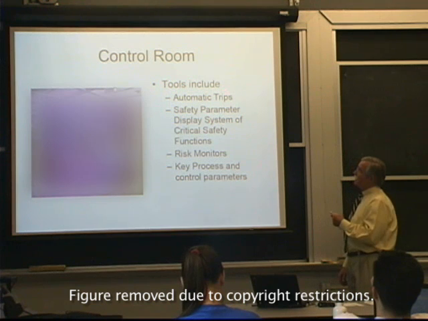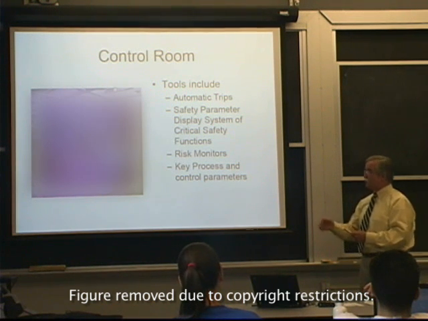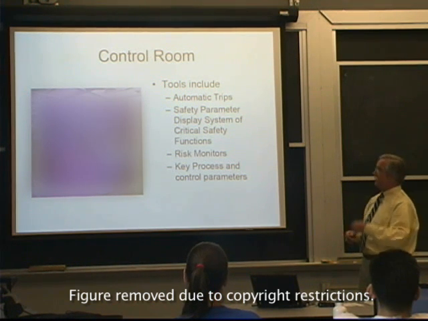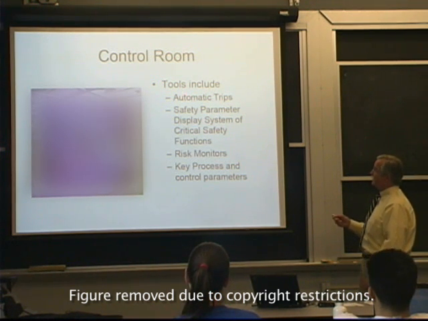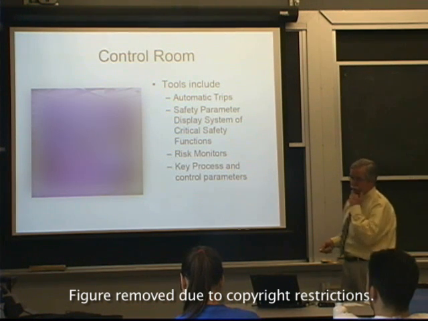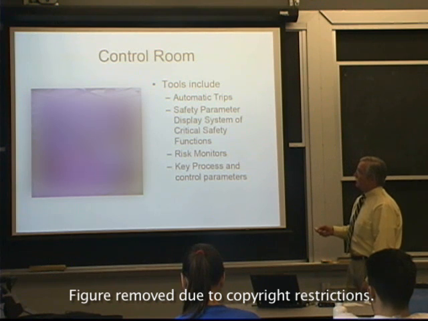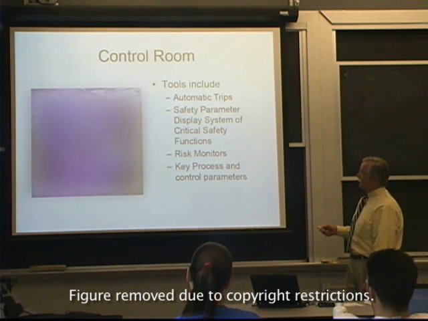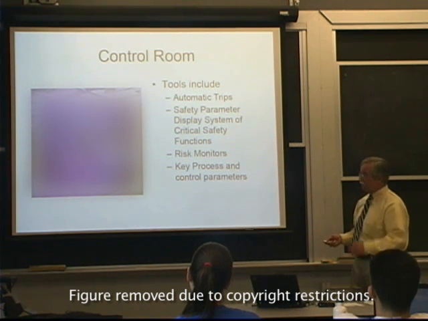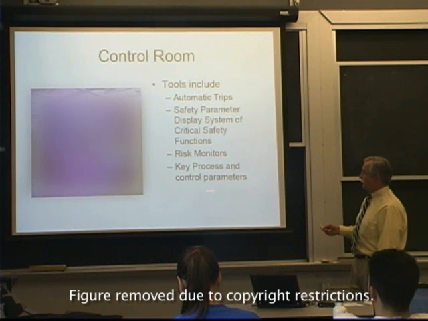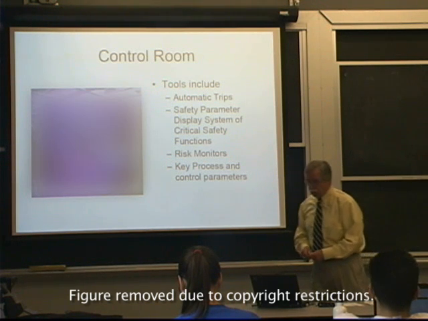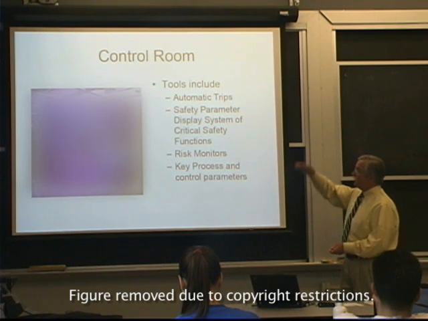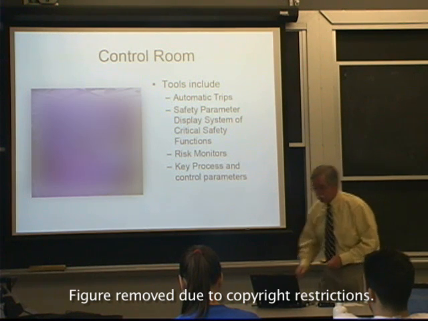But the tools, obviously, for control are the automatic trips. We went over some of those when we looked at the loss of coolant accident. The safety parameter display system, I'll see if I can find one for you representative of a new plant. You have risk monitors, which we'll look at again. And then you have what we call key process and control parameters, which allow you to operate within a certain band.